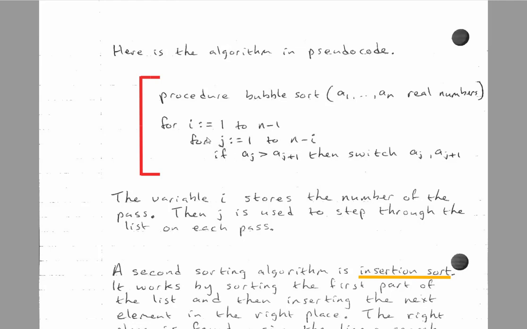Alright, so once J's got to the end, n minus 1, then this loop finishes, and we're back to the I loop, so then I becomes 2 here in the second pass. And notice here in the second pass now, J is just going from 1 to n minus 2.